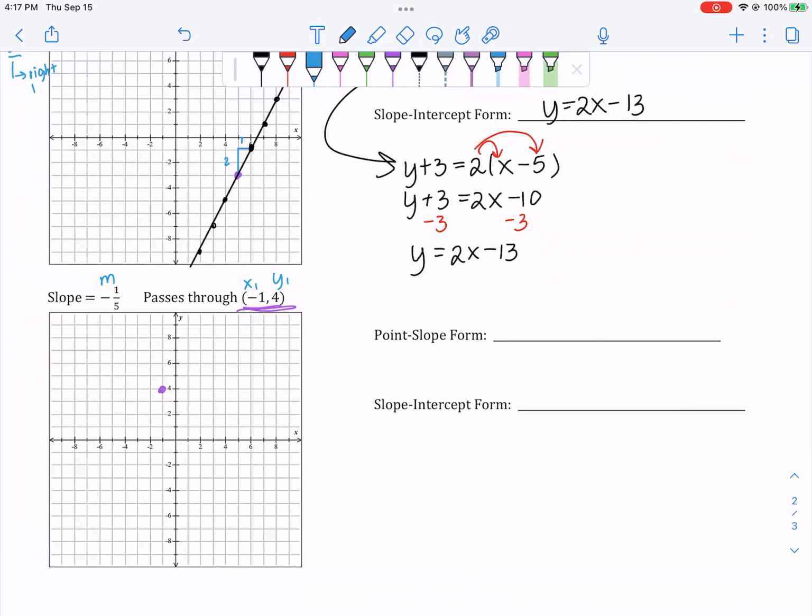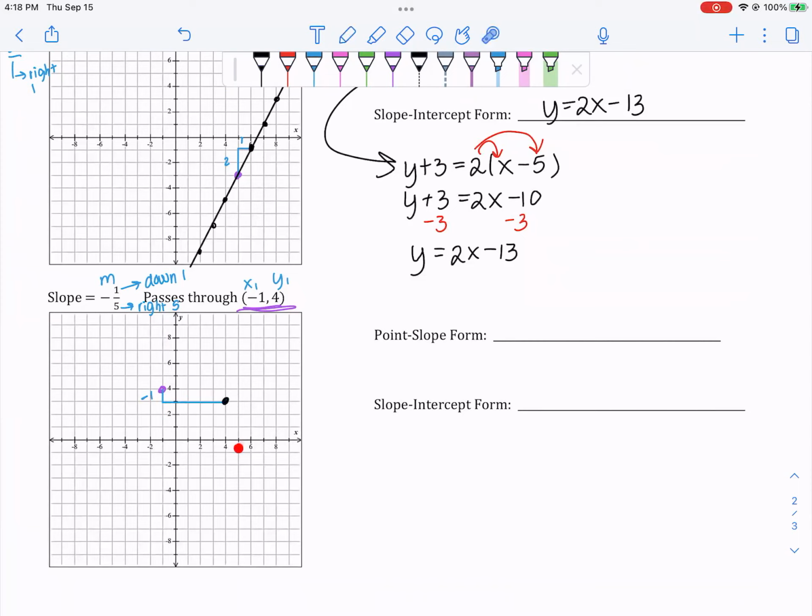It's a negative slope, so we're going to go down 1, and then right 5. Down 1, right 5. Starting here, going down 1, and then to the right 5. Be really careful here.